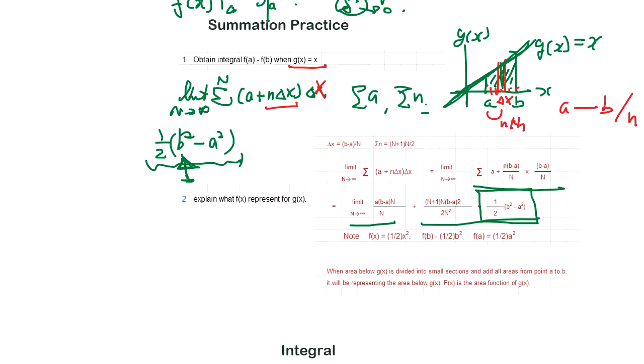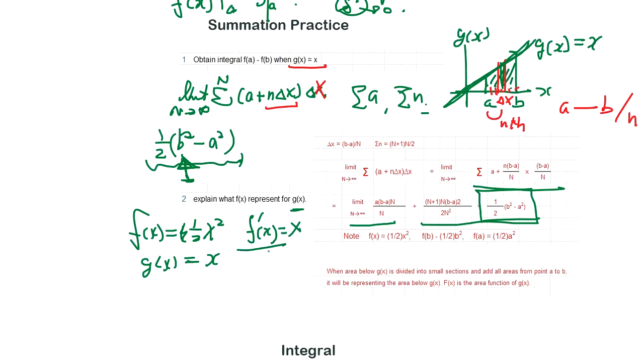Okay, explain what f(x) represents and g(x). Well, if you remember the derivative, this is the area function, 1 over 2 x squared, then g(x) is x. What does this mean? If you take a derivative, then it is the same as this.